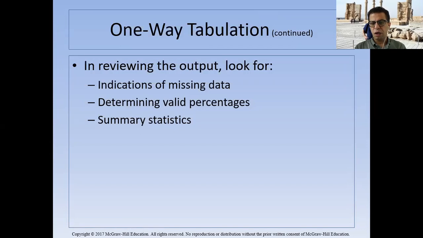In reviewing the output, look for indications of missing data. You need to look at where the data is missing, how you're going to treat this missing data, and determine the valid percentage, as we said, and you need to do the summary statistics for that.